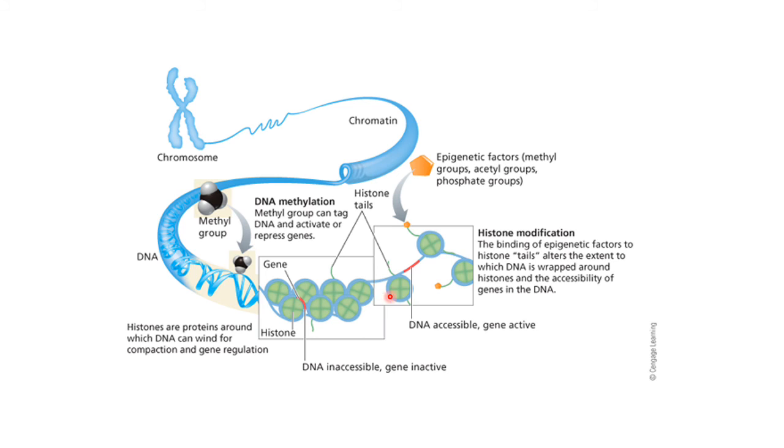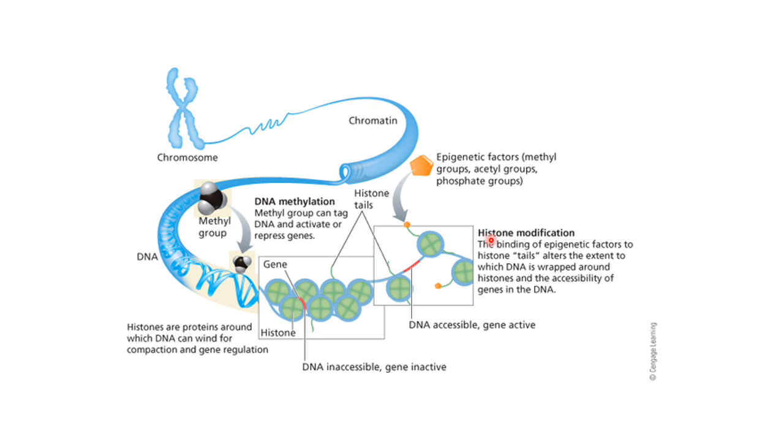And the more tightly coiled they are, the harder it is for a gene to be expressed because the promoter region is hidden. However, if there's a modification done to the histone, so for example, adding a methyl group, an acetyl group, or a phosphate group onto a histone can distort the histone shape, and as a result, uncoil the part of the DNA that should be expressed.